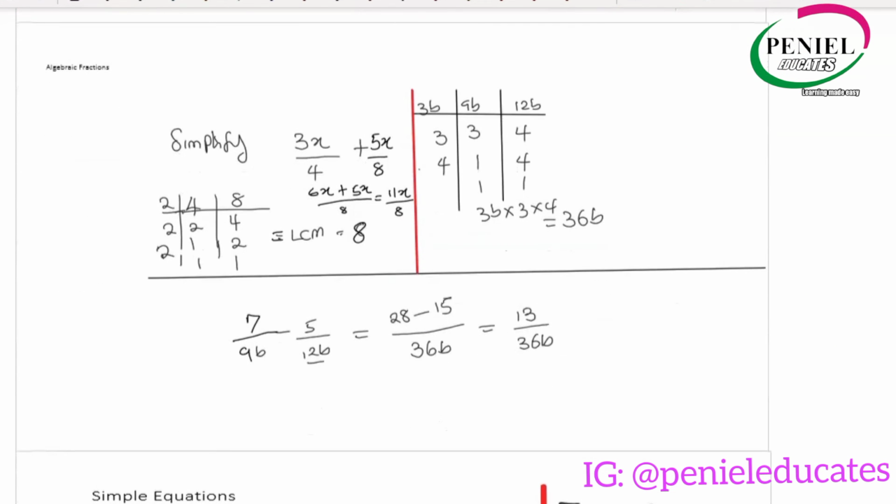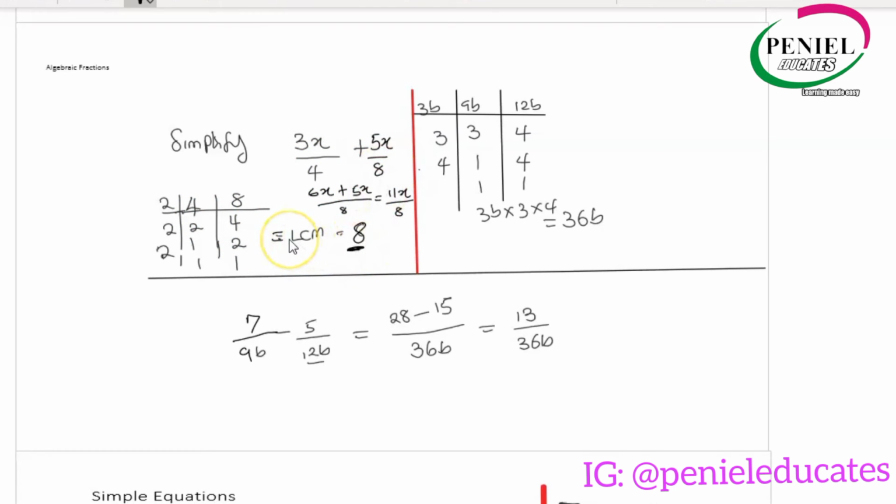So if we look further at algebraic fractions, in this particular expression that is given, you have 3x over 4 plus 5x over 8, and the LCM of 4 and 8 is just 8.